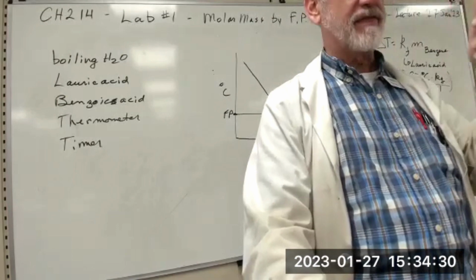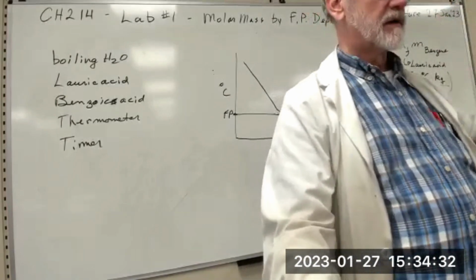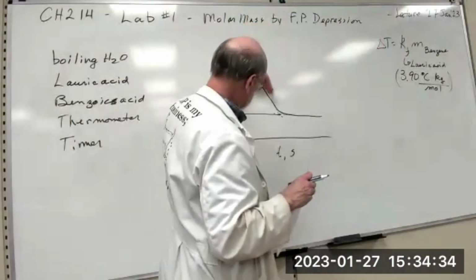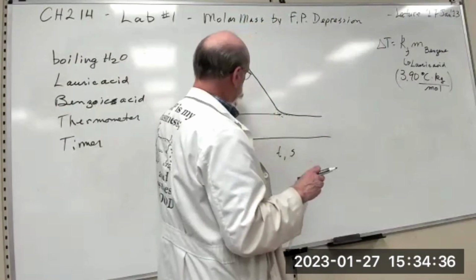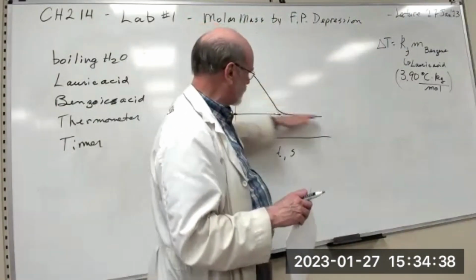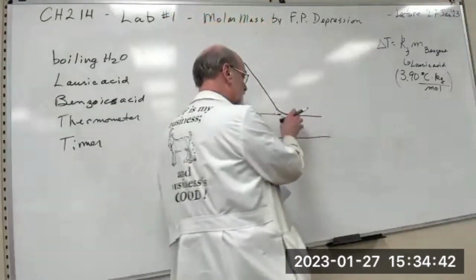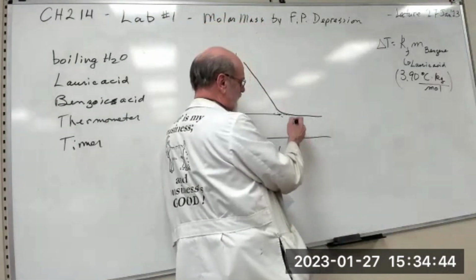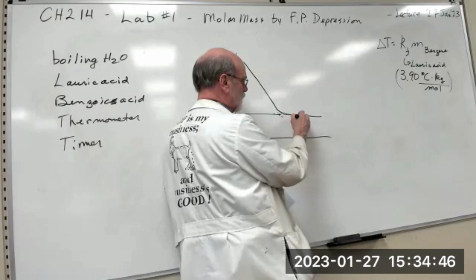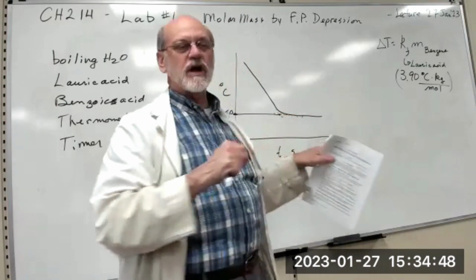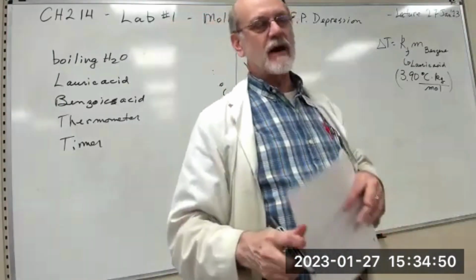They happen just like that. So it's a very sharp break. But for these amorphous solids, they'll kind of do a gentle thing like that. But eventually, it will flatten out, and you could read it maybe 3 times in a row, and the temperature is not changing. That'll be your freezing point.